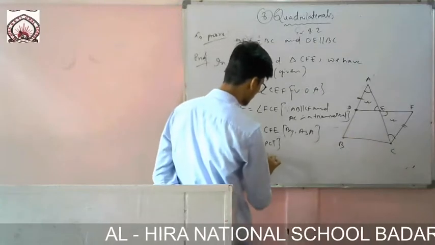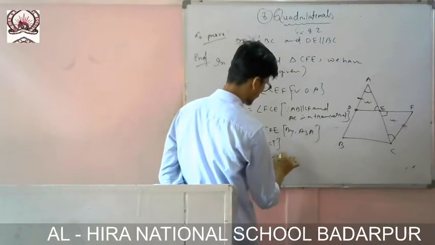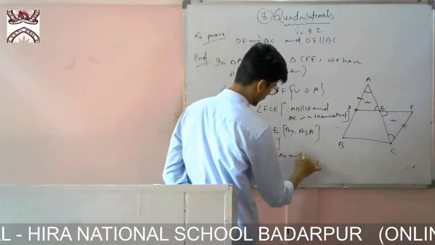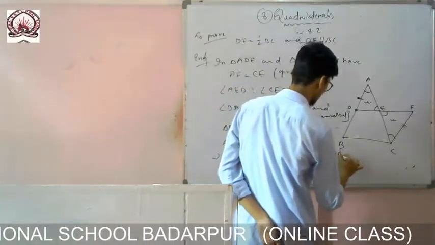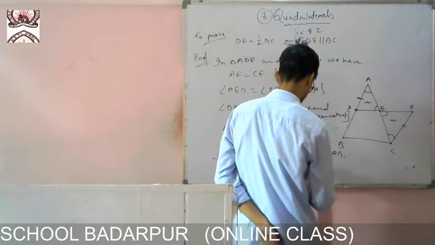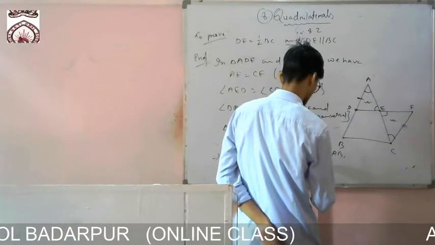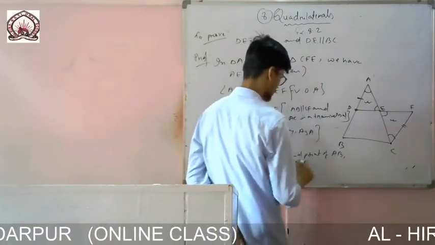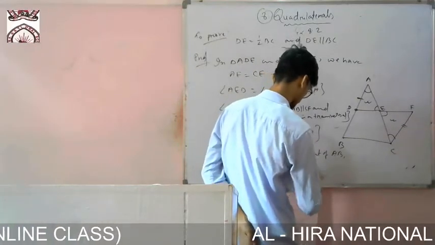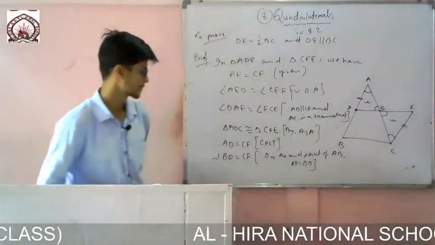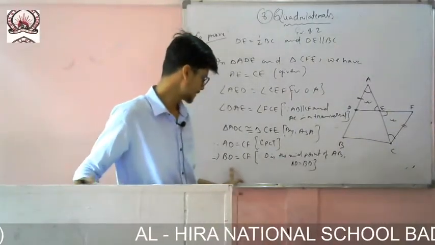So you can write here, since D is the midpoint of AB, AD is equal to BD. Okay, BD equals CF.